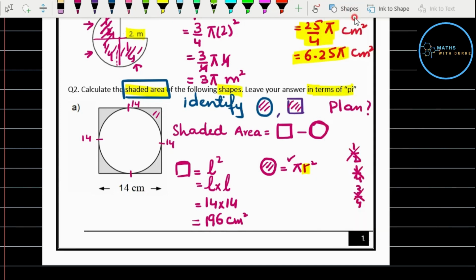Can you observe? Let me draw again. 1 minute. Okay. Can you observe this line?